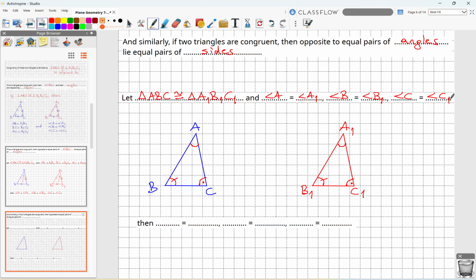In this case now, opposite to equal pairs of angles, we must see equal pairs of sides. For example, opposite to the equal angles C and C1, we have the sides AB and A1B1. So AB must be equal to A1B1.